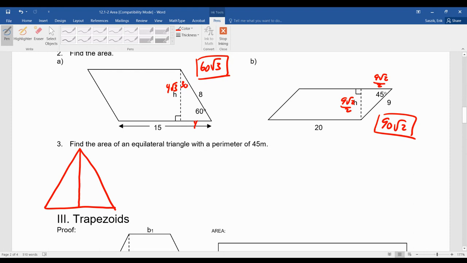Now it says the perimeter is 45, so that's 15, that's 60. This would be 15 over 2, and this, of course, would be 15 root 3 over 2. And then we would do the area, which is 1/2 the base times the height.